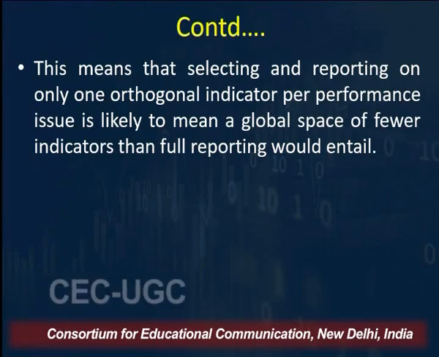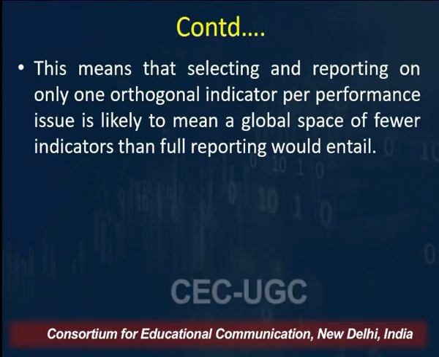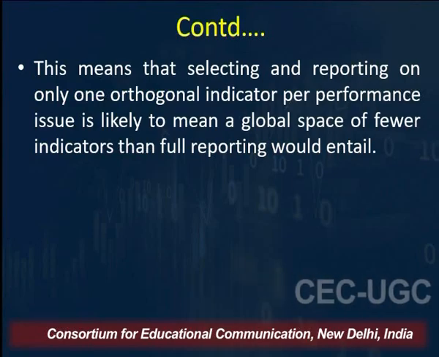So selecting and reporting on only one orthogonal indicator per performance issue is likely to mean a global space of fewer indicators than full reporting would entail. It is helping us because, in place of taking similar kinds of parameters, say for carbon emission, we take 10 parameters for that. There is no point; we need to report under one head what the performance is.